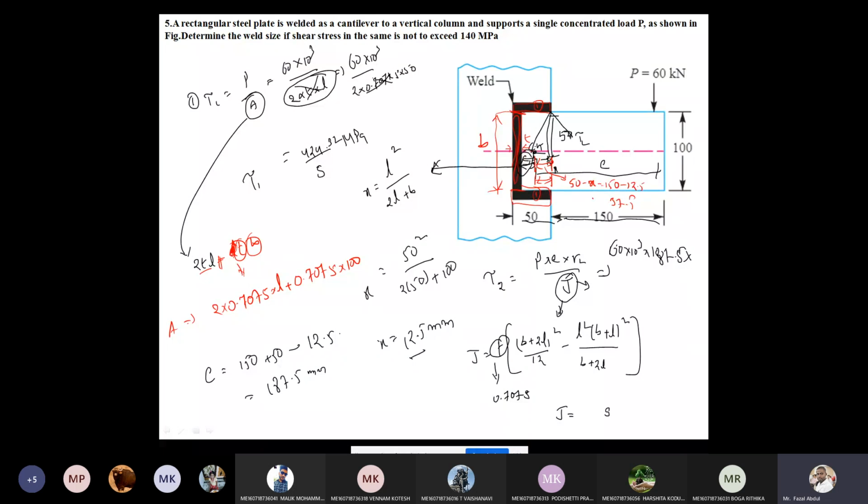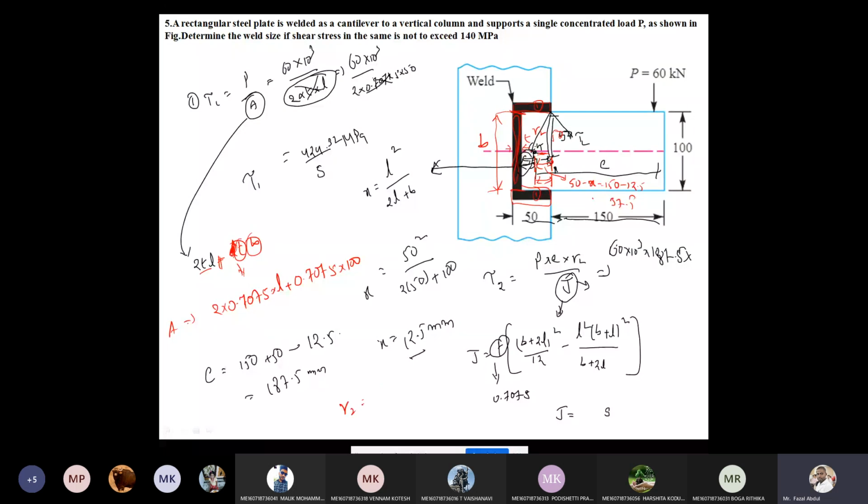This 37.5 represents the length of this one. Now see this figure. This is the R2, we don't know. This length is known as 50 and this length is 37.5.